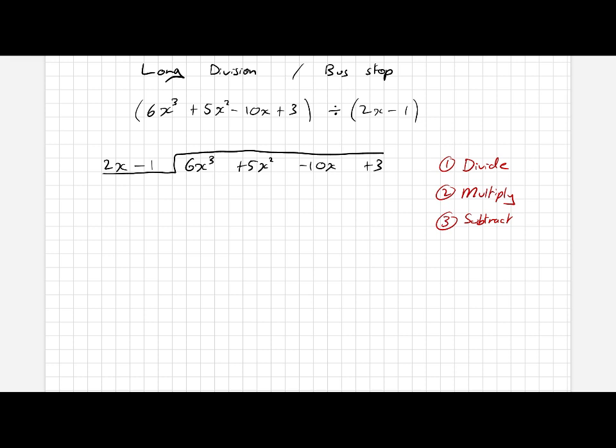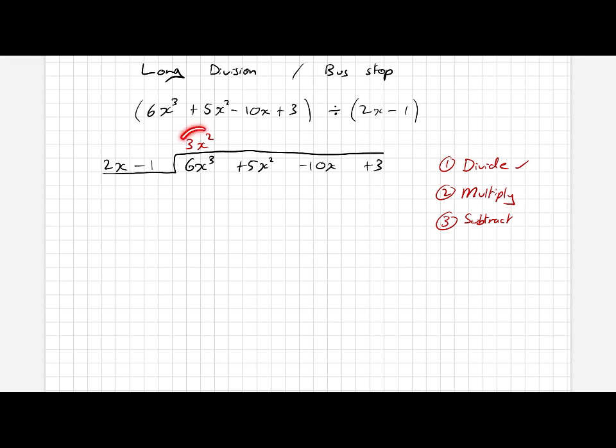Let's start with our first step, dividing. We start with our first terms, 6x cubed and 2x. I'm going to divide 6x cubed by 2x. We can do our numbers and our variables separately. 6 divided by 2 is 3. X cubed divided by x is x squared. That is the division done, so it's time to move on to multiplying.